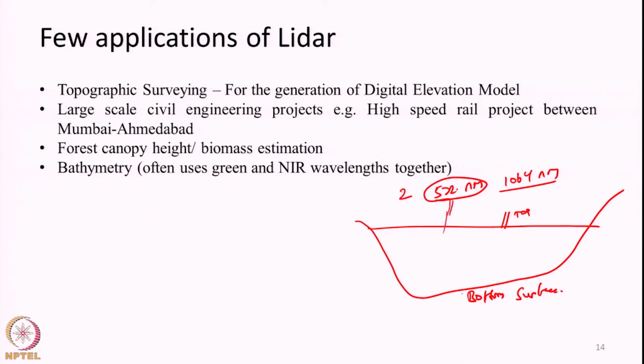So, the last return might have originated from some features present in the water, or sometimes even the bottom or bed topography. So, the difference between the returns of the green band and the NIR band will give us information about the bathymetry of that particular water body. So, this is another application for which LIDAR systems are used.